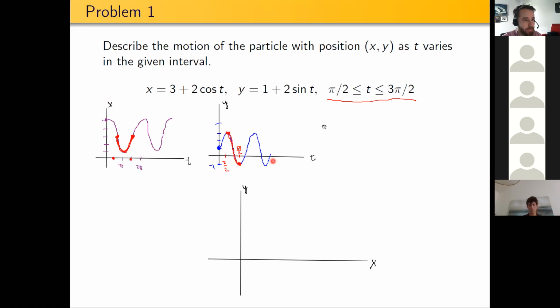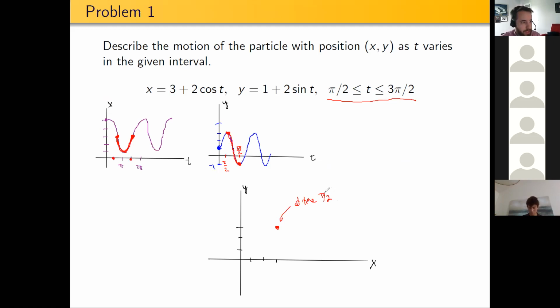So at time t equals pi over 2, the corresponding value that I'm interested in the xy plane is going to be, right, throw some axes on here, that point 3 comma 3. So that is the point we're at at time pi over 2. Okay, that's one point that we've plotted.